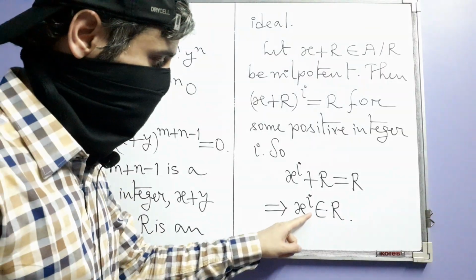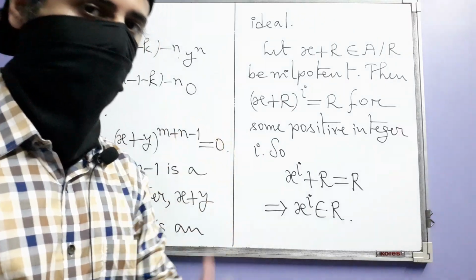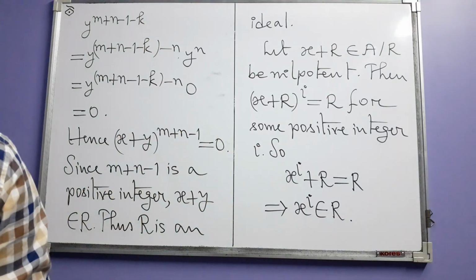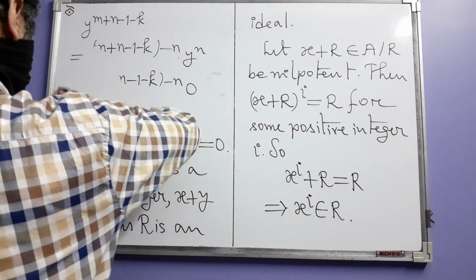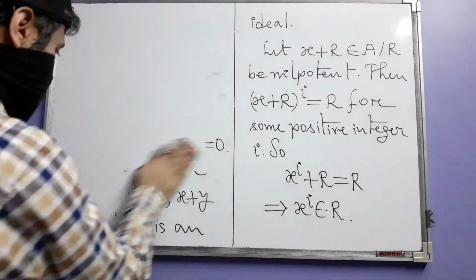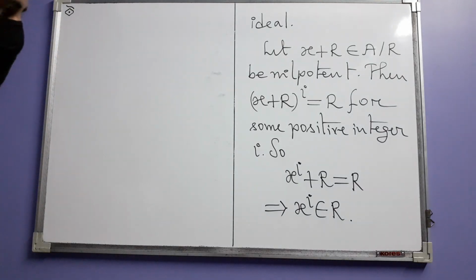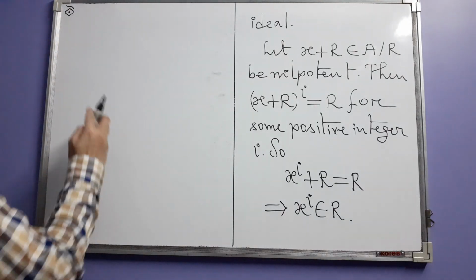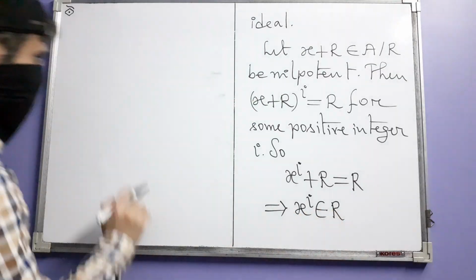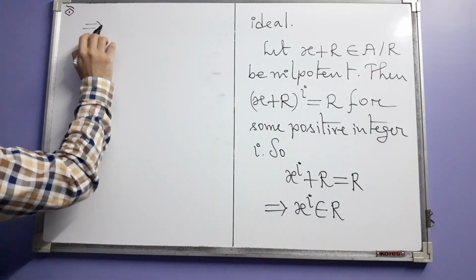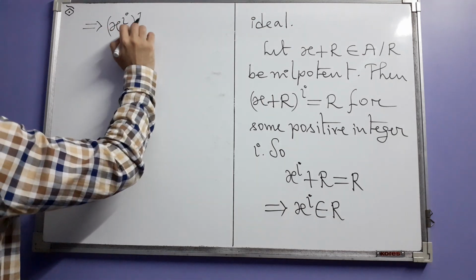This means that x to the power i is a nilpotent element in the original ring A. So if I continue like this, then I can write this.